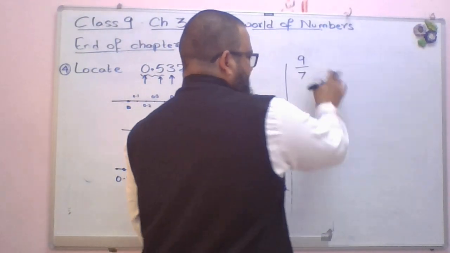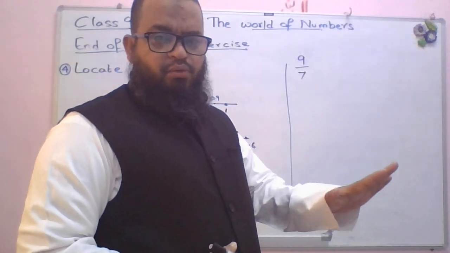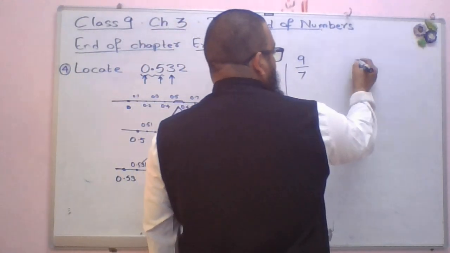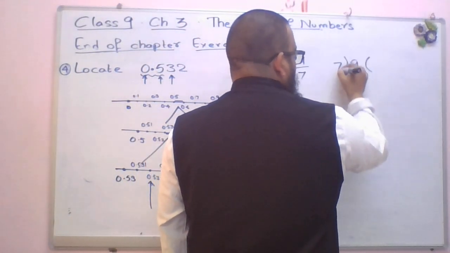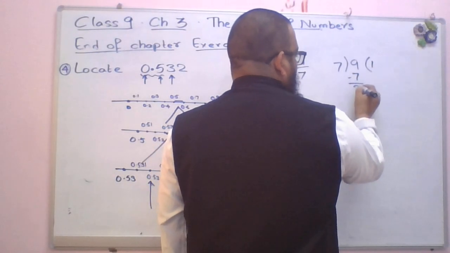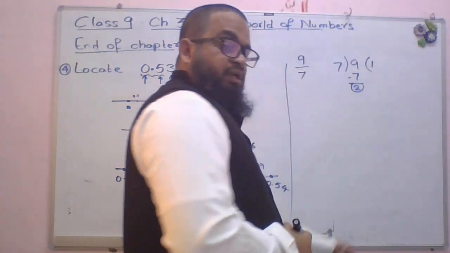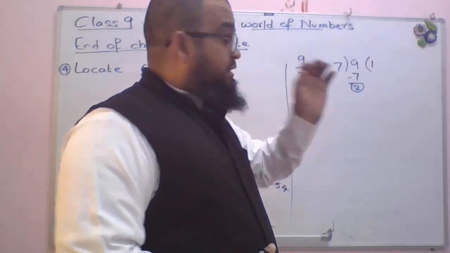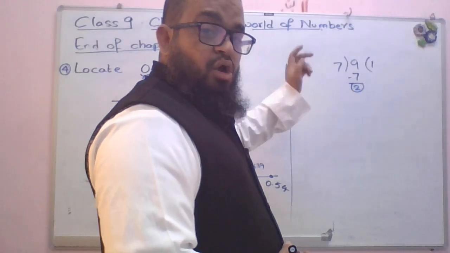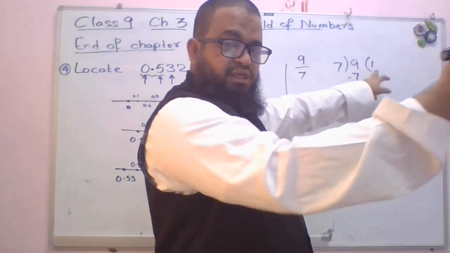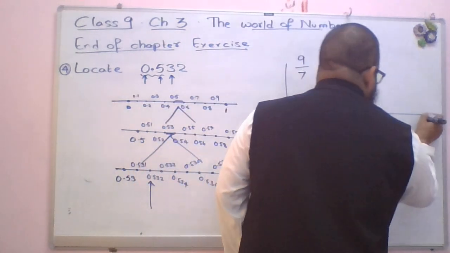Whatever fraction is given, you divide the numerator by the denominator. 9 divided by 7: 7 ones are 7 and the remainder is 2. So the answer is 1, which means 9 by 7 on the number line lies between 1 and the next number, 2.